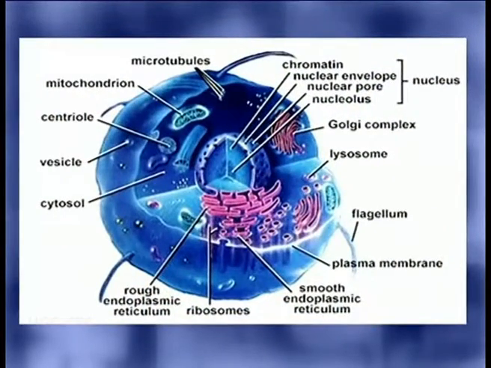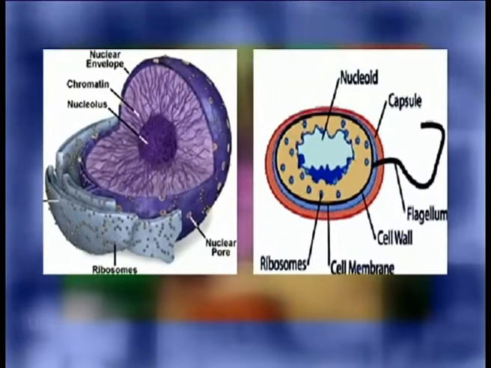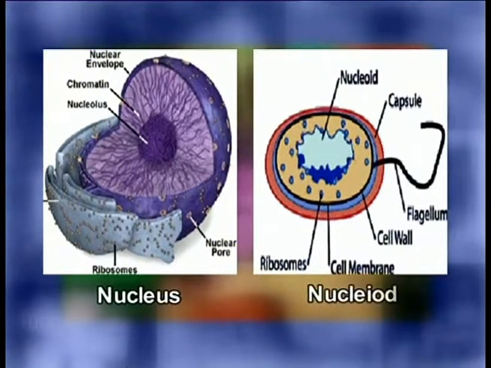Cells are the structural and functional units of all living organisms. Almost all living cells have either a nucleus or a nucleoid in which the genome, that is the complete set of genes composed of DNA, is stored and replicated.